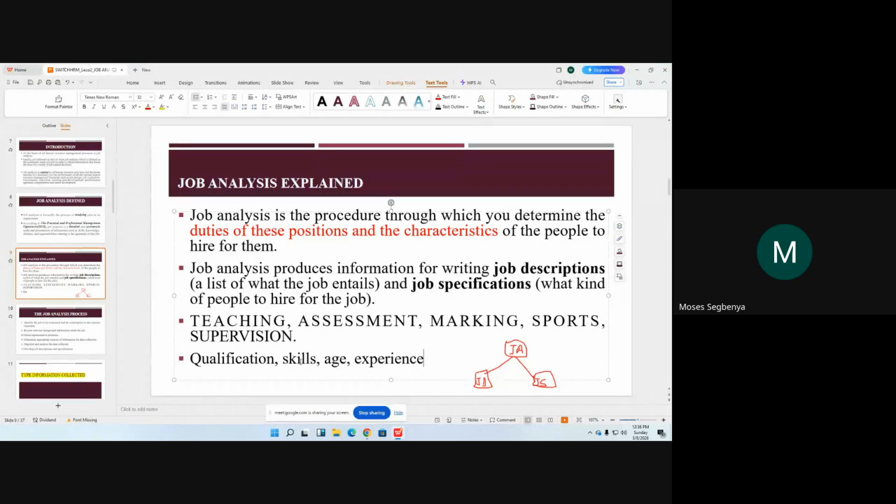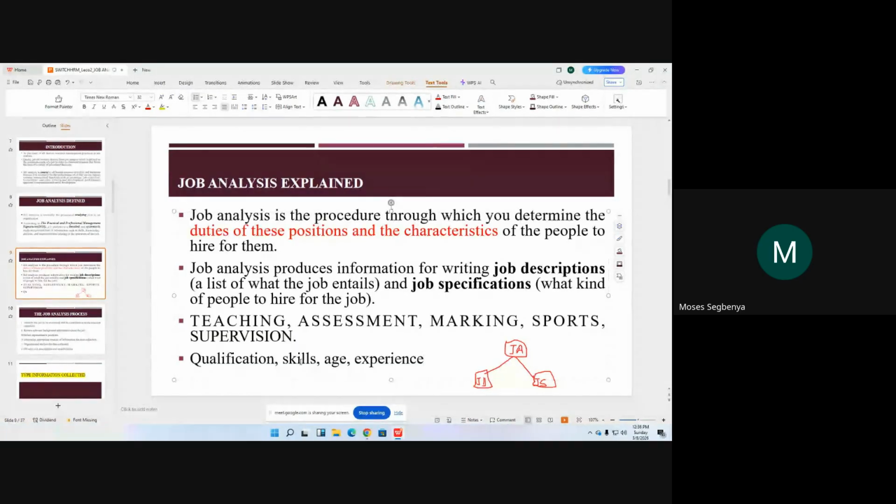These are things that you bring. But it must be indicated in the advert that anybody applying for this job must be of this qualification, must have a first degree, must have a degree in a particular area or just a first degree, must be able to do what, must be of this age, must have one year.